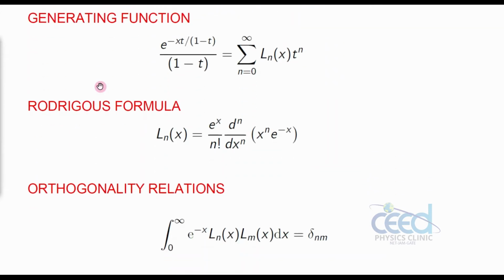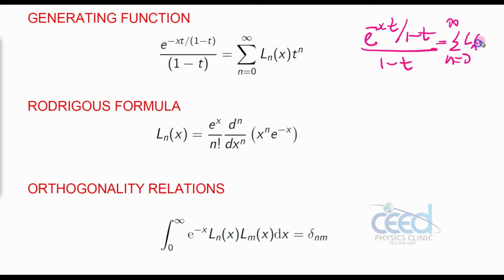So this is our generating function. So let me write it here before going to the blackboard. So e raised to minus xt divided by 1 minus t, divided by 1 minus t, that is equal to sigma n is equal to 0 to infinity Ln of x t raised to n. Okay, so now let us go to the blackboard, right?